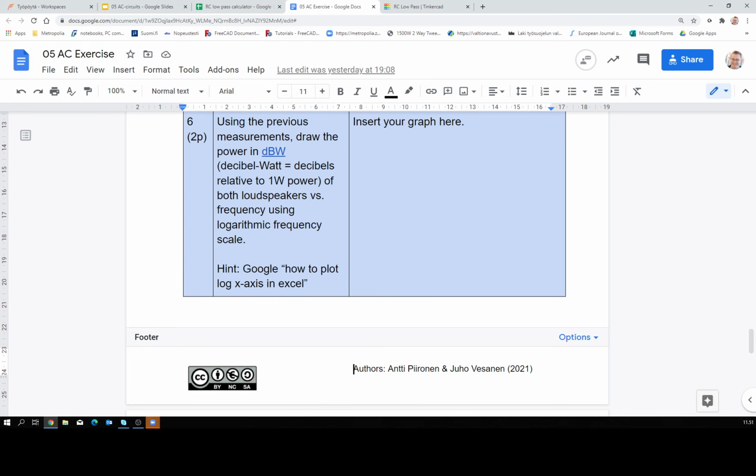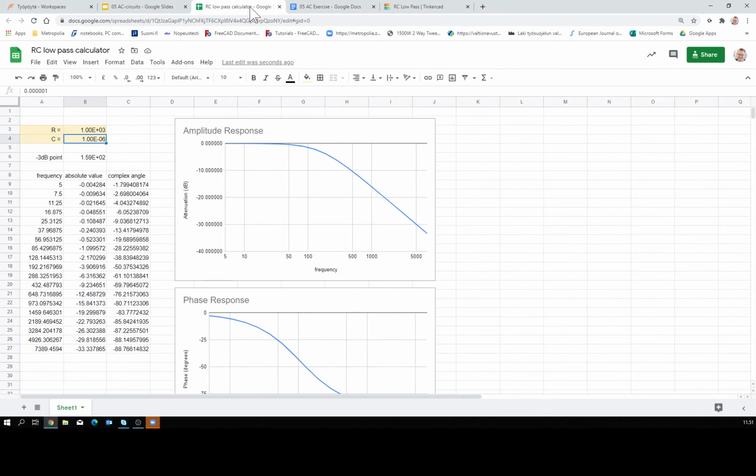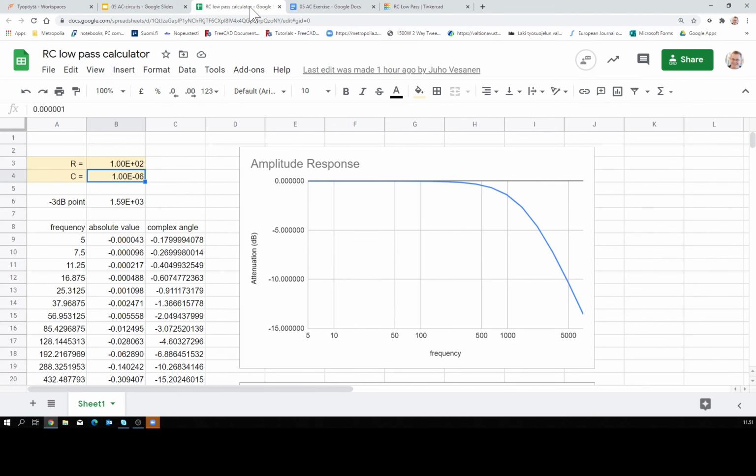Again, something engineering. Let's look at my RC calculator, where you have your link. You have the link to this Excel. You can make your own copy, and you can take a look at how to produce that frequency scale.